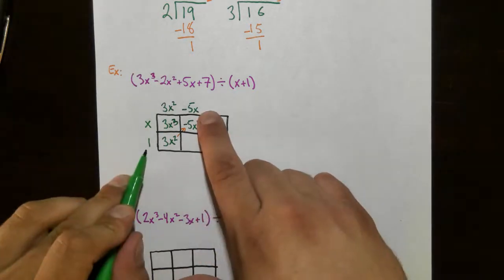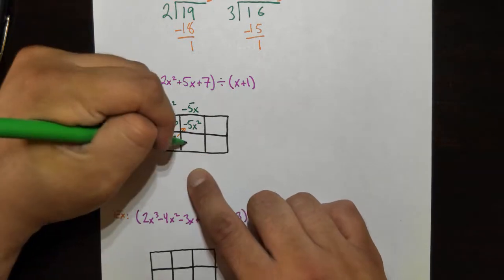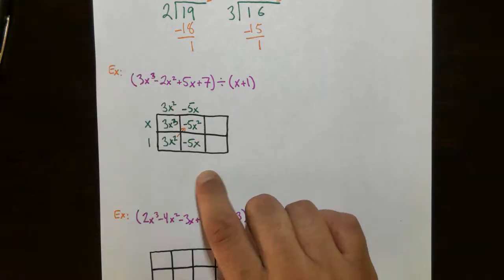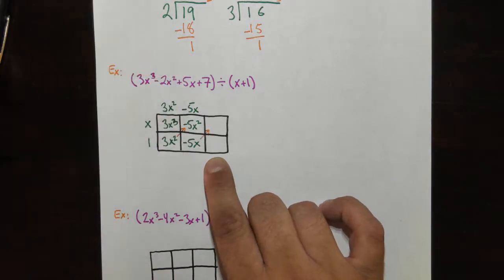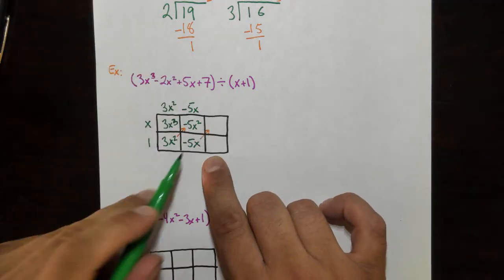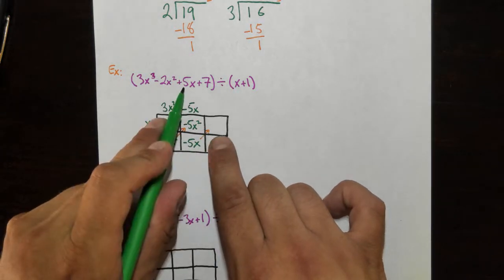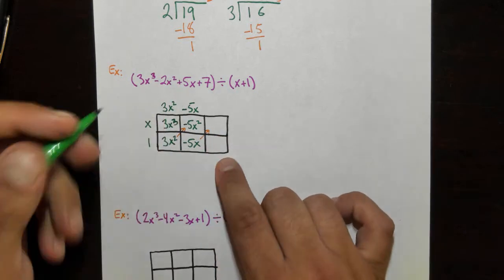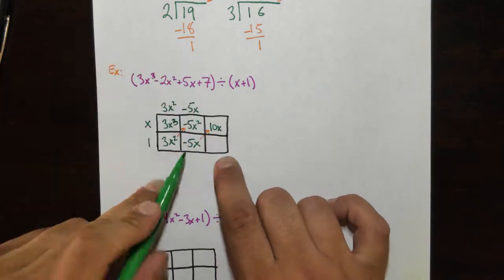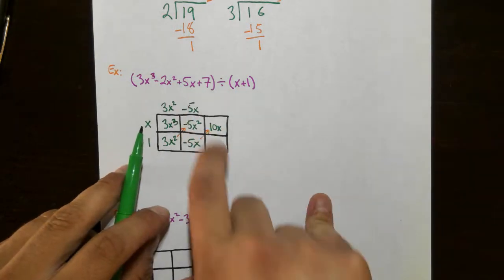And then here we have negative 5x times 1 is going to be negative 5x. And then now we go diagonally again, and we're adding when we go diagonal. So negative 5x plus some number of x's is going to give me the corresponding x term here, 5x, and that's going to be 10x. And if you're never really sure, you can always double check. Negative 5x plus 10x does give me 5x.